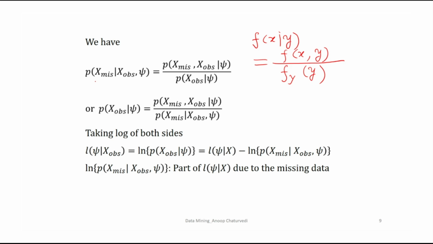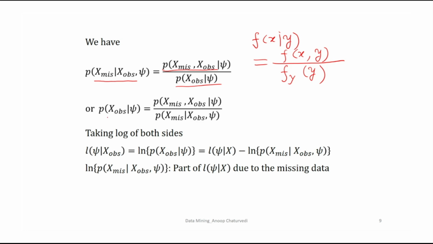So, this is the conditional density of x missing given x observed. This is the joint density of x missing and x observed, and in the denominator you have the marginal density of x observed.